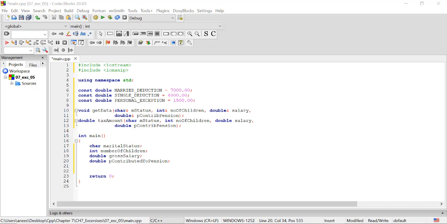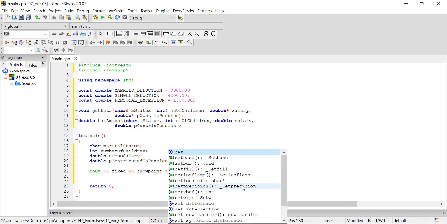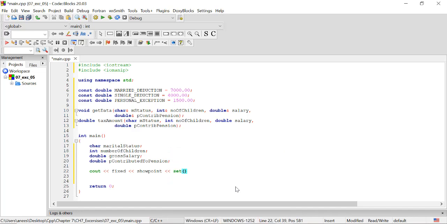Now, after we write down all of our variables, we need to write in cout fixed, show point, set precision 2.